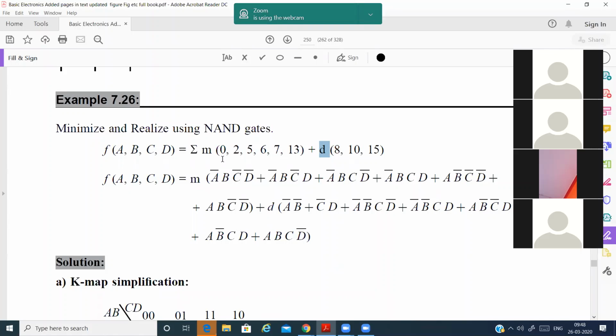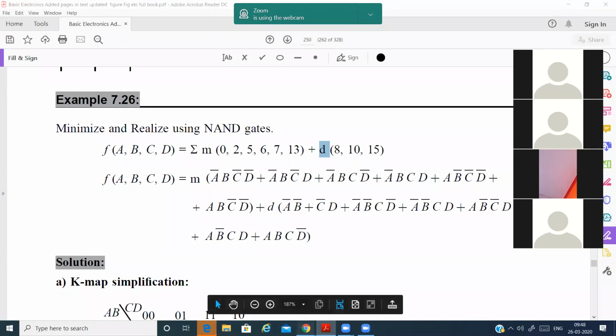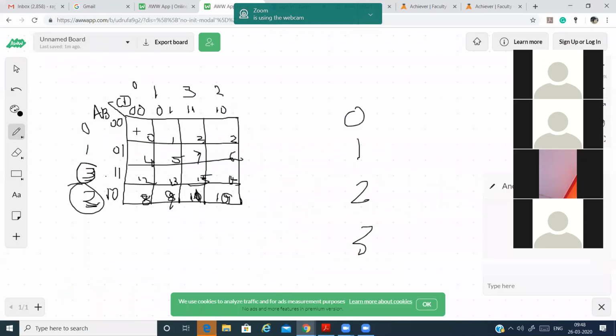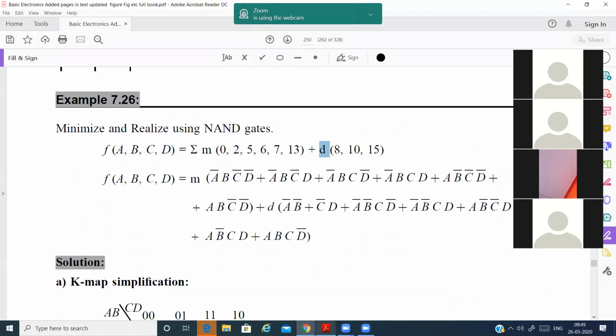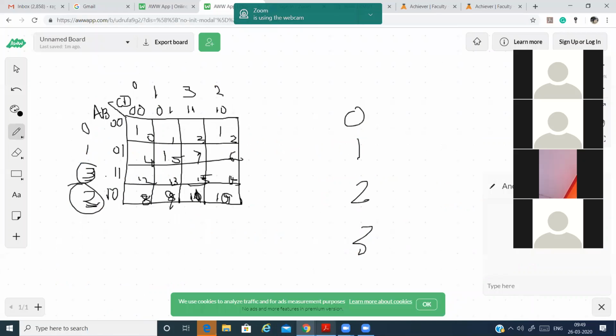Okay, so I'll show how it works. 0, 2, 5. 0 is there, put 1. 2 is there, put 1 here. Put 1 here. After that, the next numbers are 6, 7, 13.